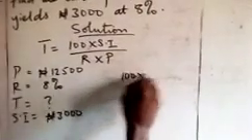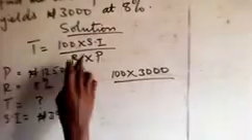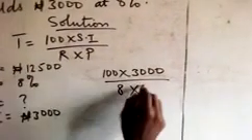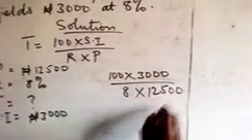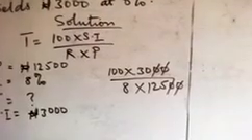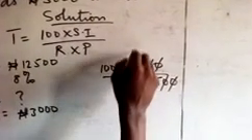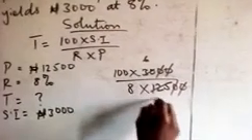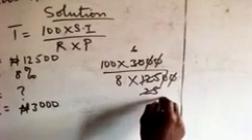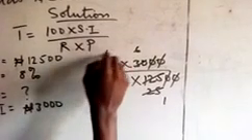That will be 100 times our simple interest, 3,000, over the rate, 8%, times the principal, 12,500. 0 eliminates 0, 0 eliminates 0. Okay, so 5 here will give us 6, 5 here will give us 25, right? 25 here will give us 1, 25 here will give us 4.